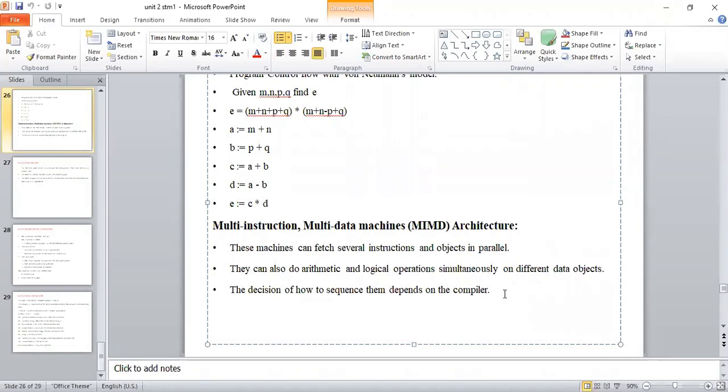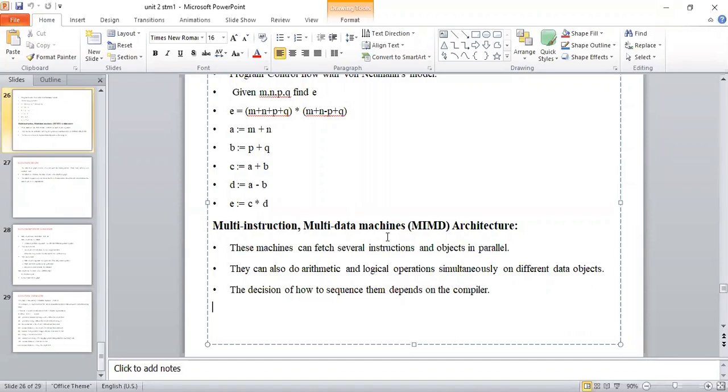When the parallel data objects are executing parallelly, the compiler is responsible for executing or interpreting the instructions. These are all done sequentially. When doing simultaneously, the result has to be performed correctly based upon the compiler only in the multi-instruction, multi-data machine. This is about the multi-instruction and multi-data machines.